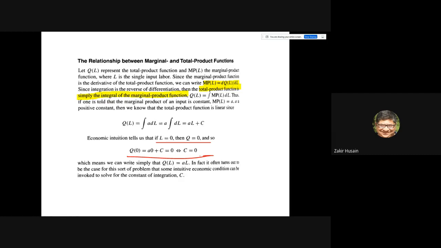Can we intuitively say what the value of C is? If L is 0, then Q is equal to 0, so C must be 0. In this case, we can simply write QL, the total product function or the production function, is equal to AL.